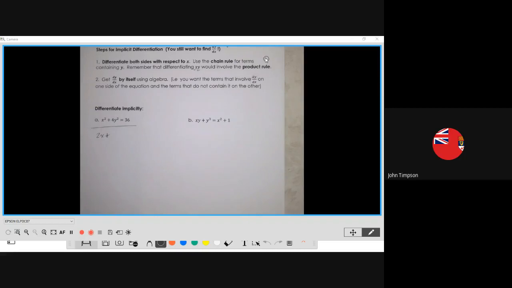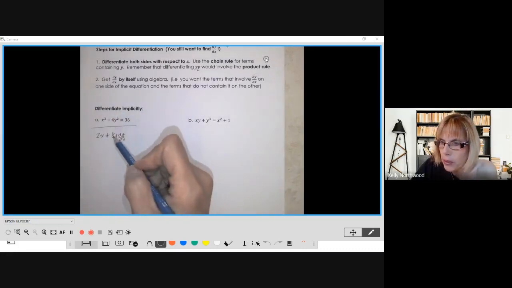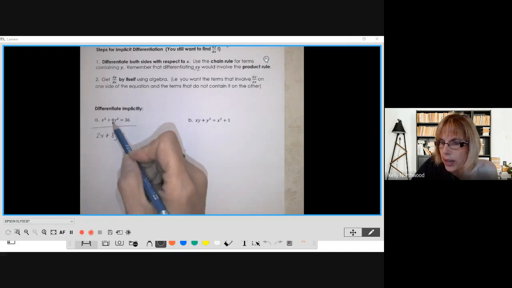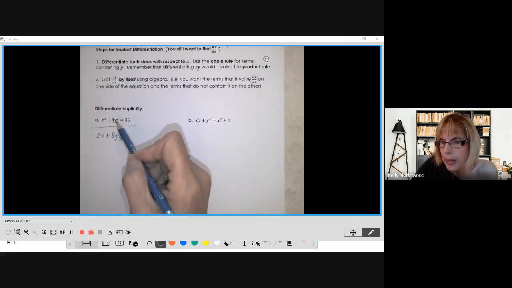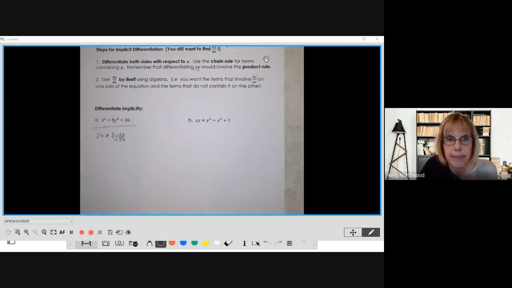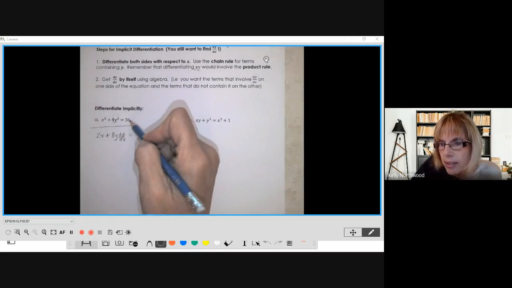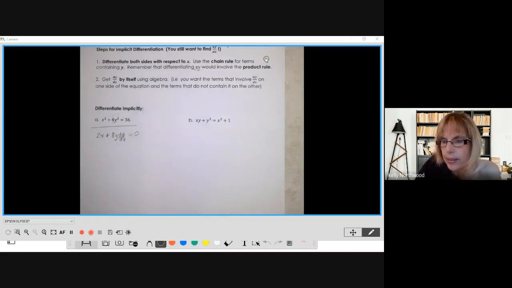Would it be 8y dy/dx? Yes, it would be. Very good. So 2 times 4 is 8y. That's deriving it with respect to y. But because we're deriving it with respect to x, we have to multiply by dy/dx. Perfect. Equals, and then the derivative of any constant with respect to x is 0.